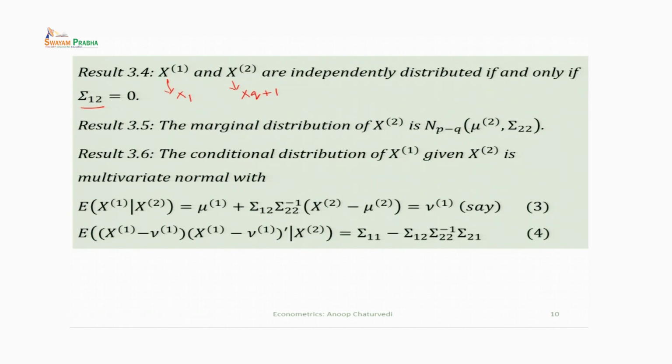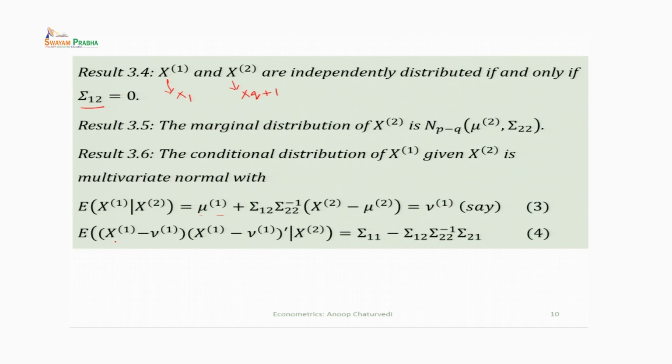Then we consider the conditional distribution of x1 given x2, which is also a multivariate normal distribution, and it has mean vector, expectation of x1 given x2, equal to mu 1 plus sigma 12 sigma 22 inverse (x2 minus mu 2), and we write it equal to say nu 1.